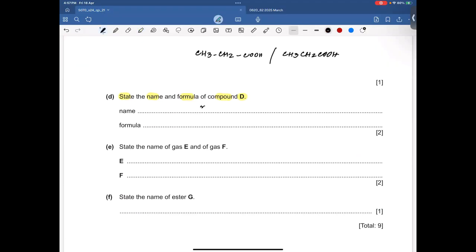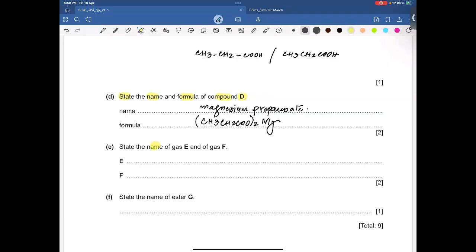So the name is magnesium propanoate and the formula is CH3, CH2, COO, taken 2, and then Mg.